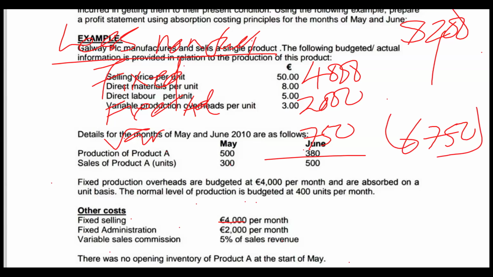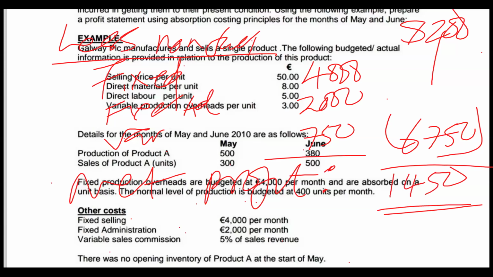We deduct this from the gross profit to find the net profit or loss. What is the net profit? Just the difference, 8,200 minus 6,750. What's the difference? 1,450. Thank you very much.